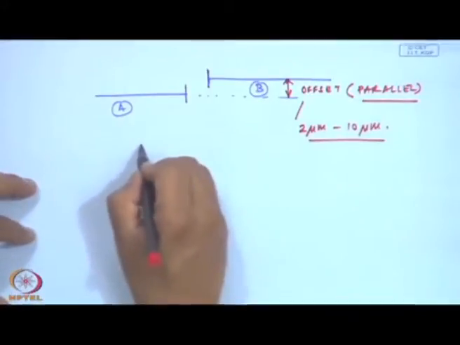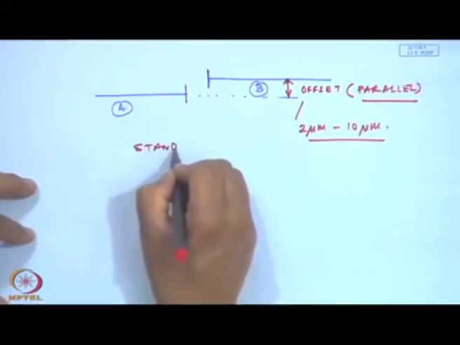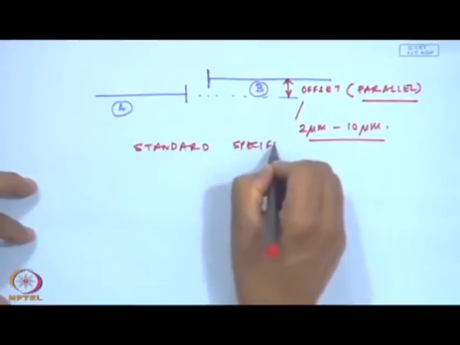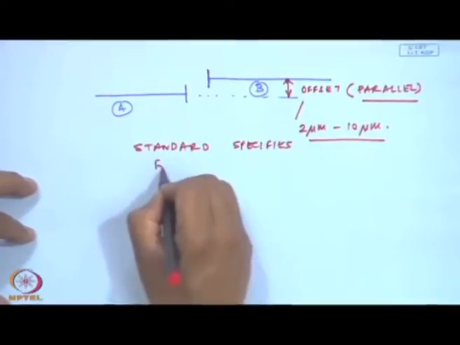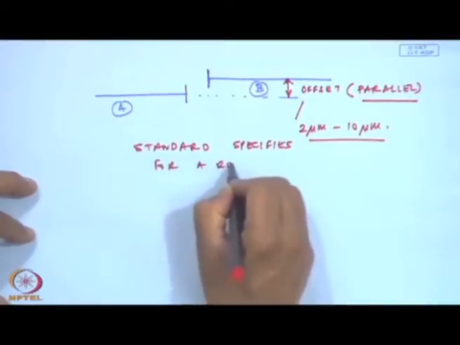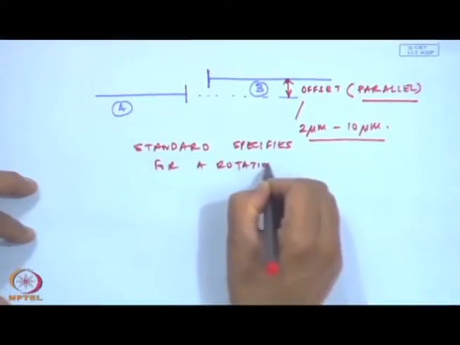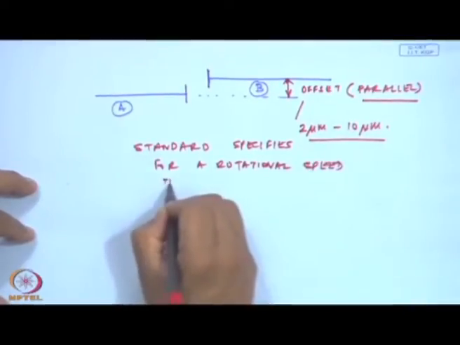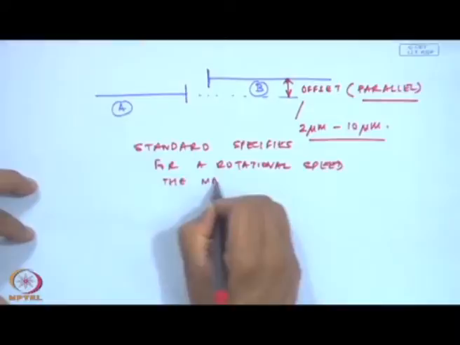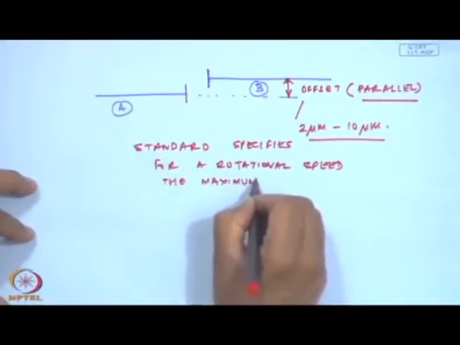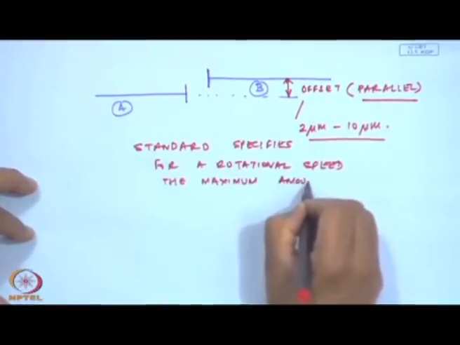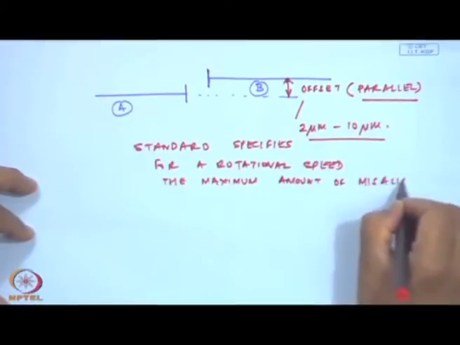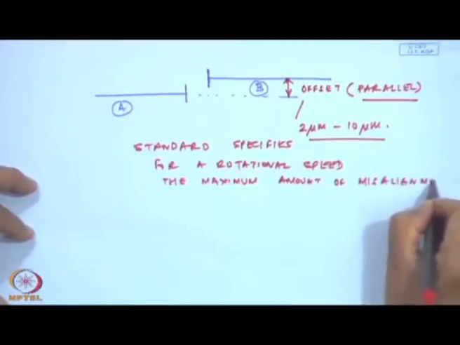In fact, there is a standard which specifies, for a rotational speed, the maximum amount of misalignment, and these are available in handbooks.